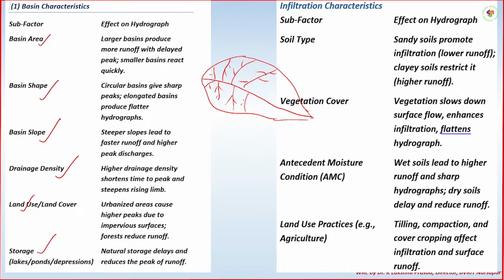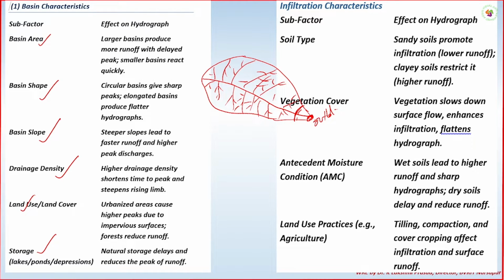If the basin area is very large, then how much time does the water at the last point take to reach the outlet? Suppose this is the outlet point, and we are measuring the discharge versus time at this outlet. Whatever rainfall is there in this area reaches the outlet quickly.